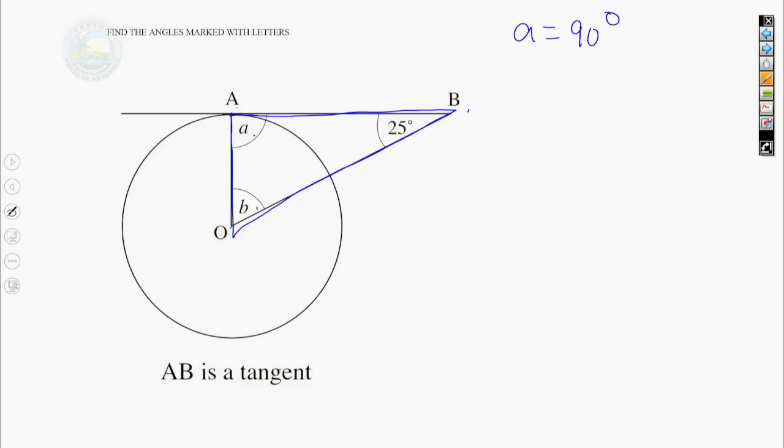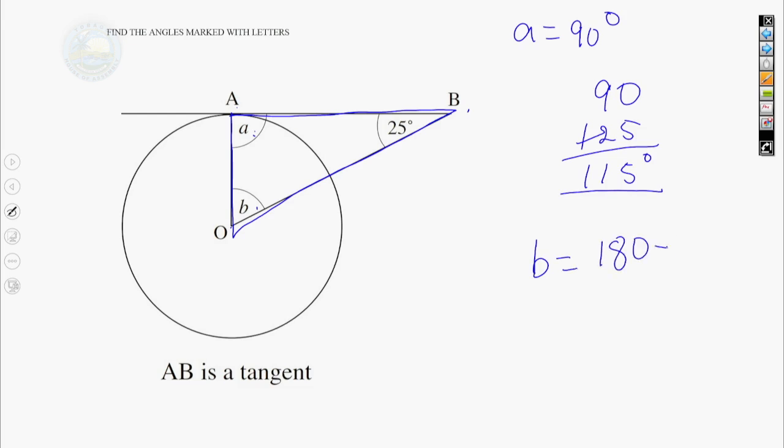So if here is 90, that means that these two angles together will be 90 plus 25, which is 115, which makes B the difference between 180 and 115. And by doing our calculations, we would realize that the angle is 65 degrees. Simple. How about another example?